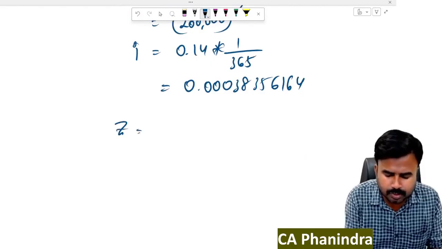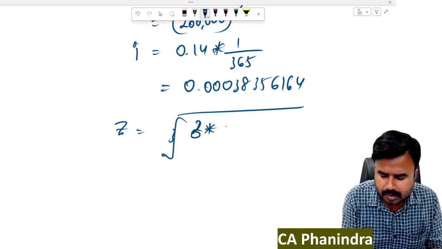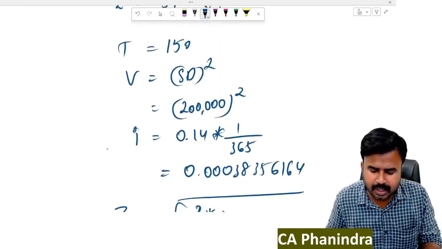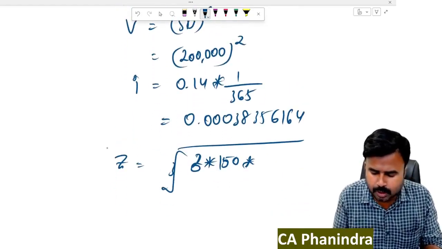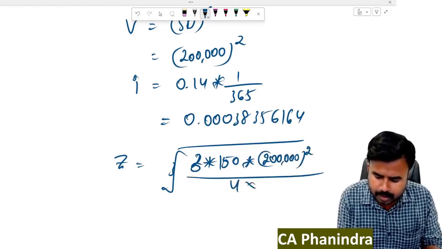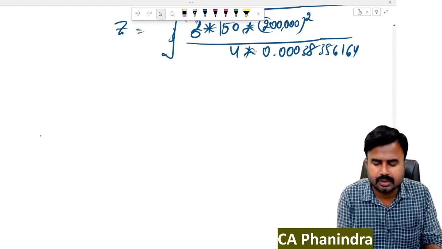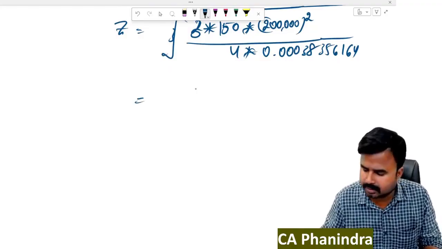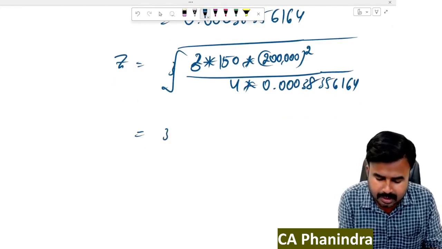Z is equal to the cube root of 3 into the cost per transaction 150, into TV, the variance of daily cash flows, 2 lakhs square, divided by 4 into I, which means 0.00038356164. Solve this number. Don't apply square to that 2 lakh term yet.